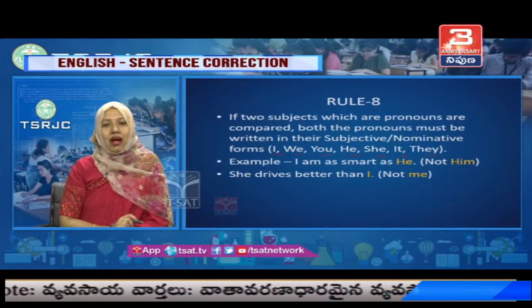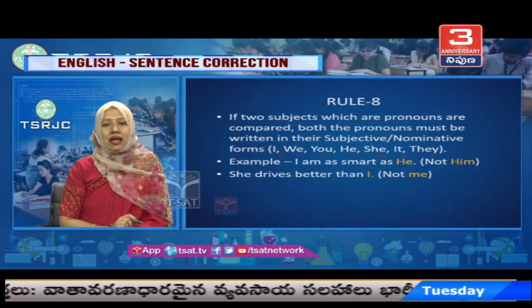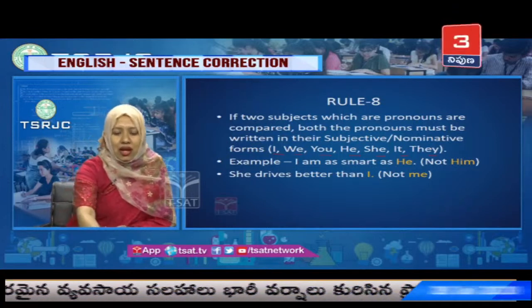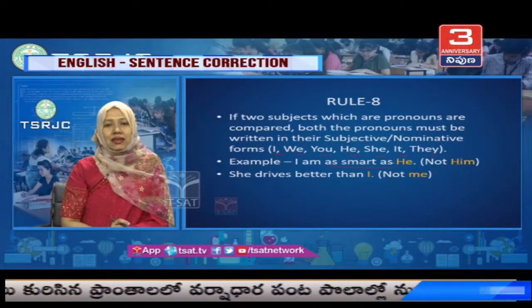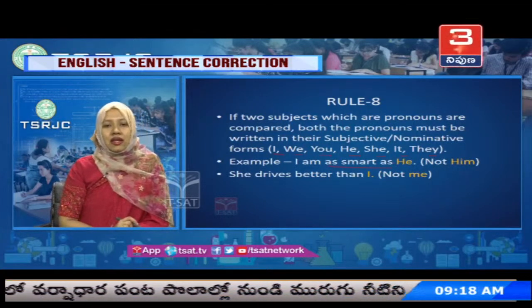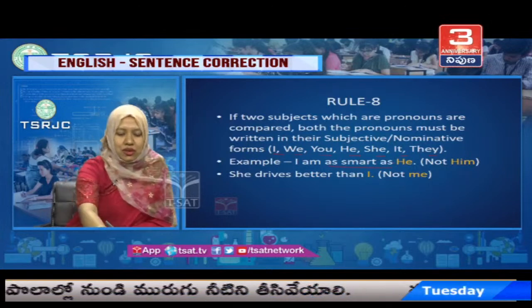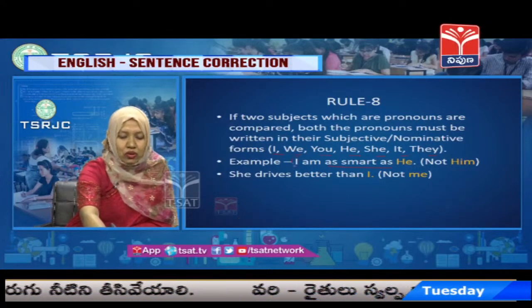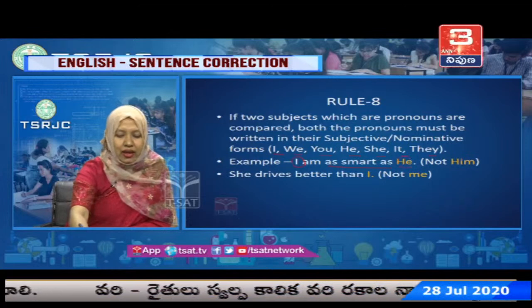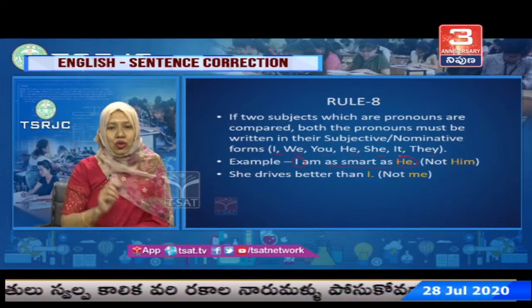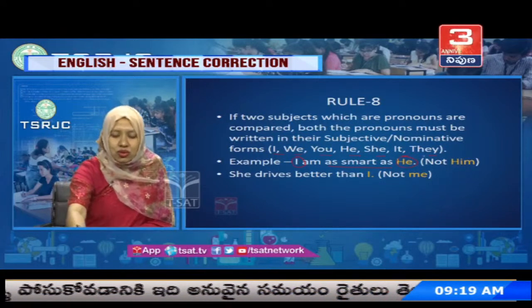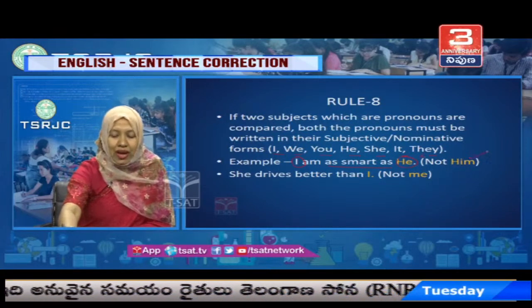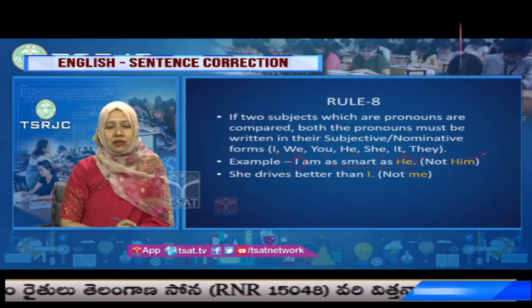For example, I am as smart as he. Here a simile, a comparison, is used: as smart as he. In this sentence, two subjects are there, two pronouns are there, I and he. So when you compare two pronouns, you have to always use the pronoun him in the object place.